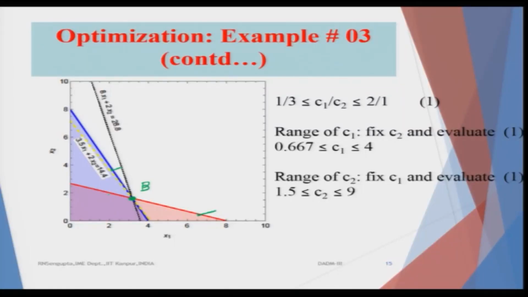Now, if I fix C2, the rate of change of the function for product 2, then the values of C1 range between 1/3 and 4, which gives the maximum and minimum profit which can be obtained. Similarly, when I change C2 keeping C1 fixed, the values are 3/2, which is 1.5, to 9.